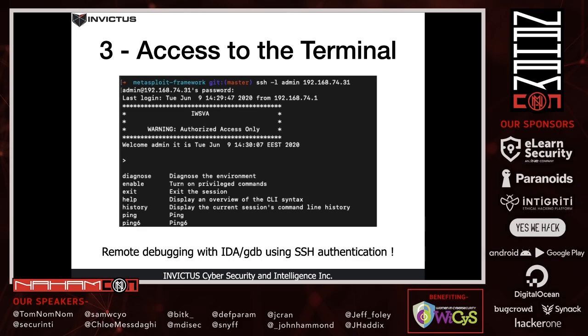So we have to find a way to get rid of the restricted shell, and we need to have a remote SSH root shell in our environment. It is quite important because you want to do remote debugging, you want to have access to the code base in the product, and you want to enumerate the different services, and in order to do all of that, you have to have an SSH connection.